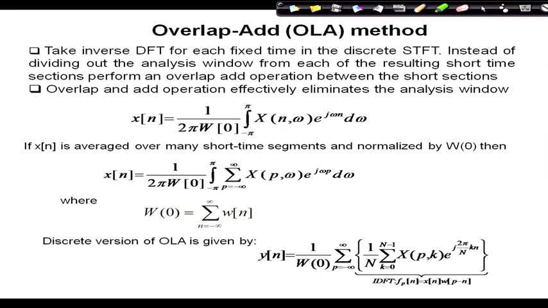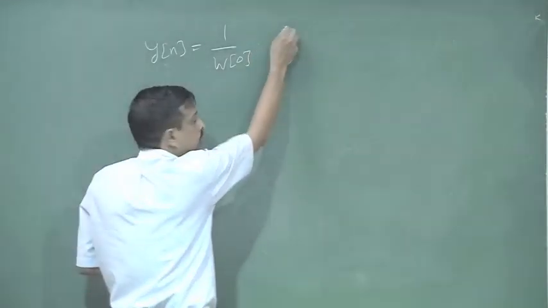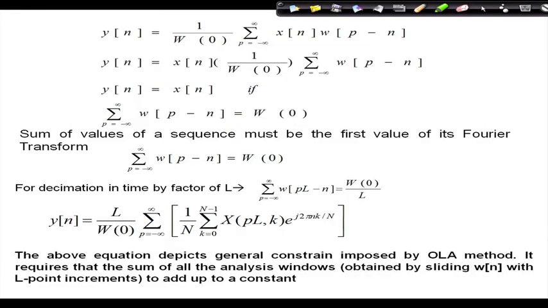I am not doing the mathematics; you can see it from these slides, where W0 is given by this one. Let us say Yn in the overlap add method is Yn equal to 1 by W0 into the sum over p from minus infinity to infinity, summing up all segments, x of n into w of p minus n.